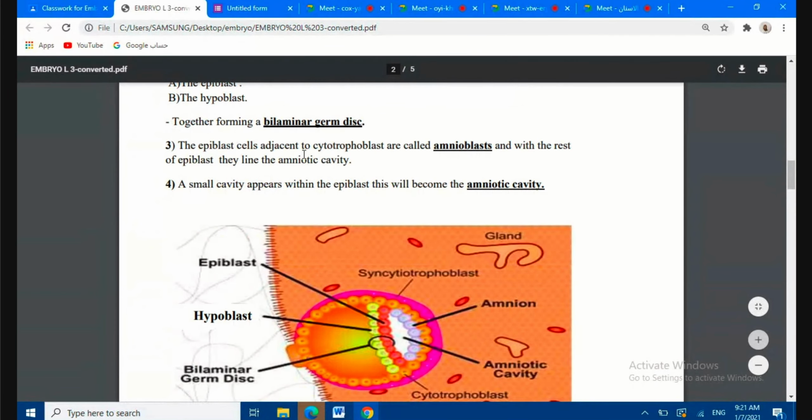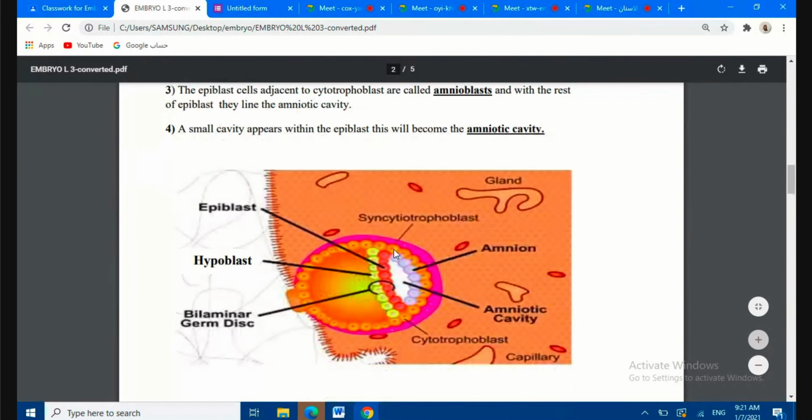And the epiblasts that are adjacent to the cytotrophoblast are called amnioblasts. They will together form a cavity, and we call this cavity the amniotic cavity.